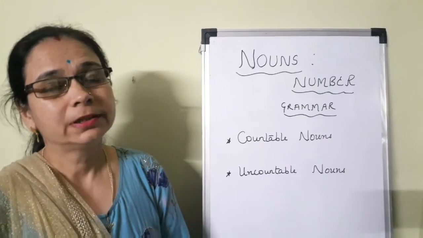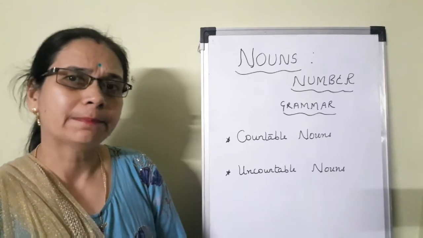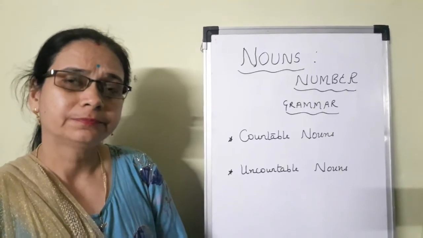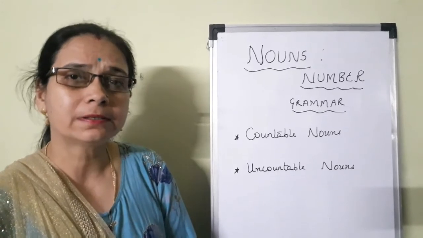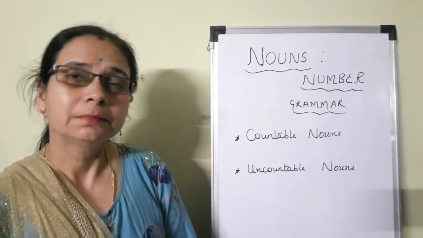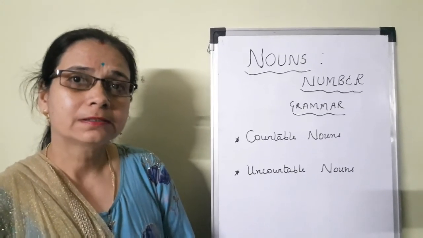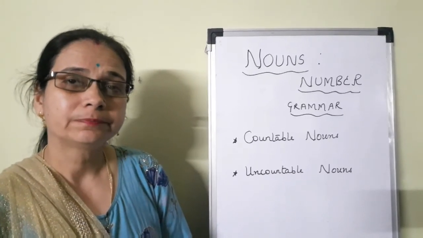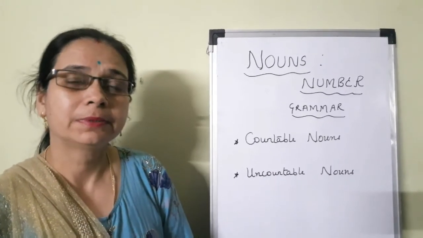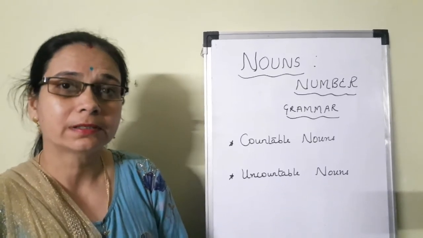Now, children, can you give a quick example of these 2 nouns? Countable. The best example is apple, banana, fans, tables. Why they come under countable nouns? Simple answer, because they can be counted.